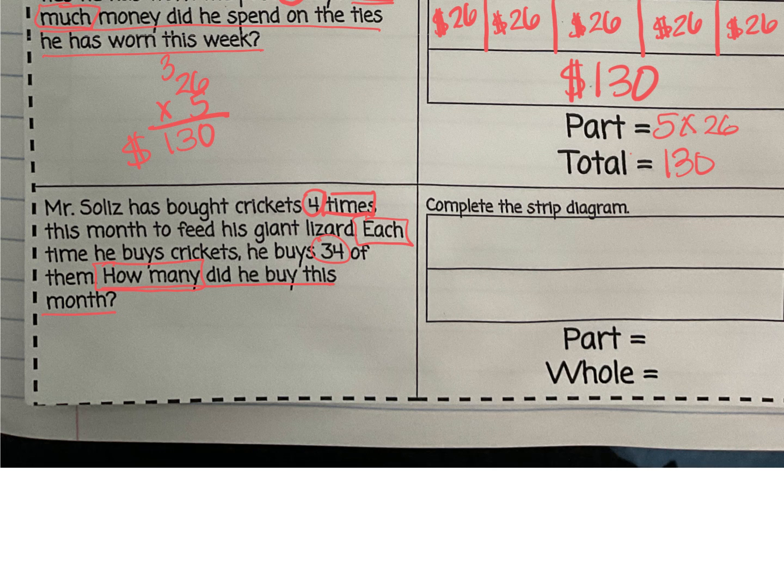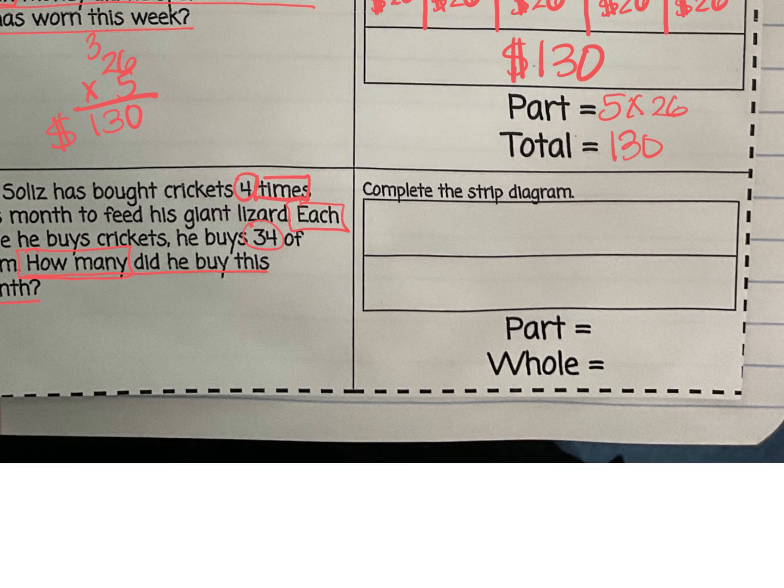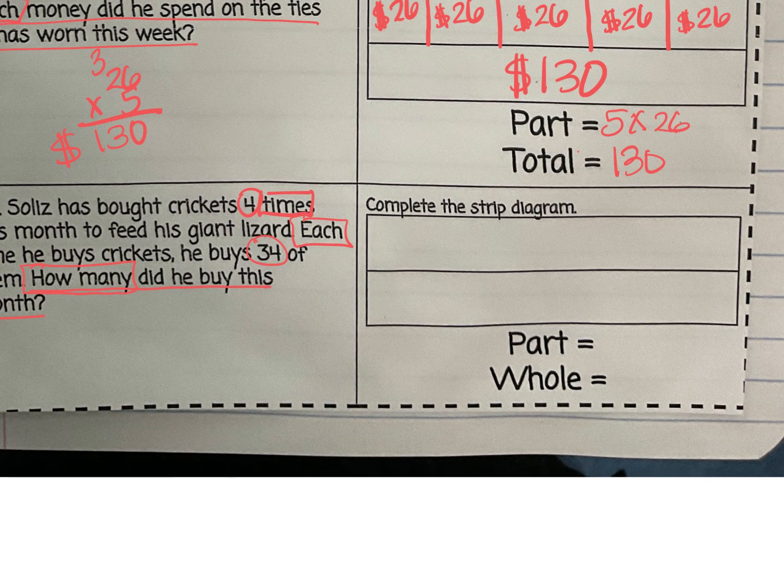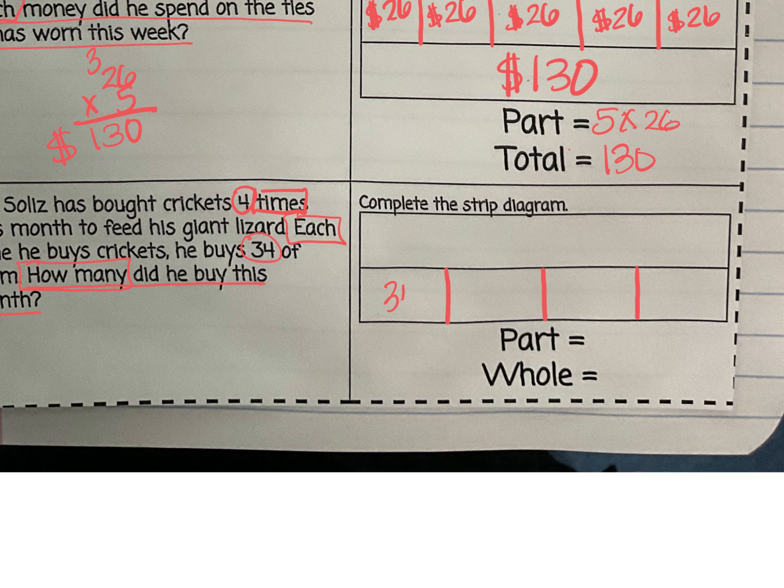Burgundy, how many times? He went 4 times. So I've got 4 times, and each time, how many crickets did he buy each time? Valley? 34.